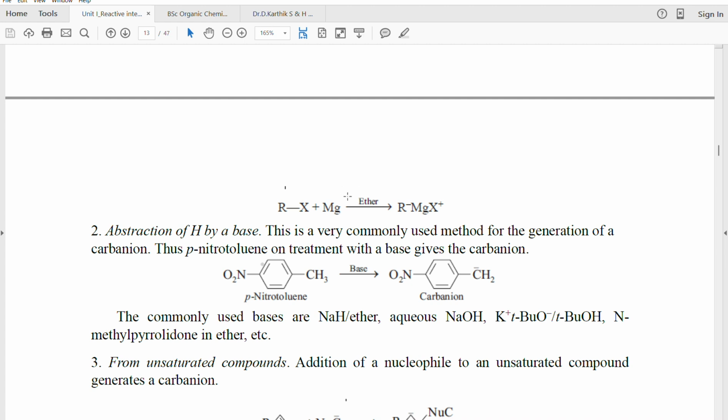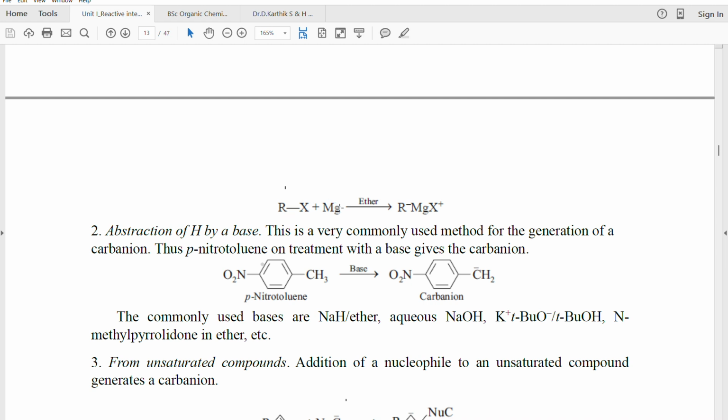Okay, it's kind of different. So we use here magnesium. So when this magnesium reacts with alkyl halide, it makes a Grignard reagent. That is the very famous reagent you might have studied in +1 and +2, right?